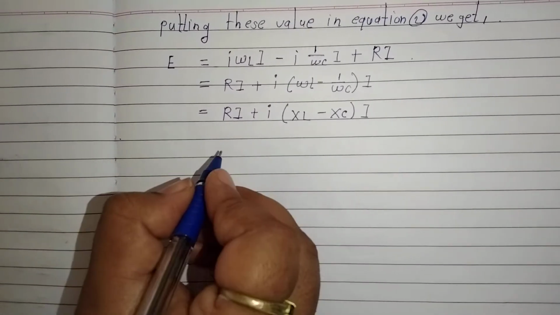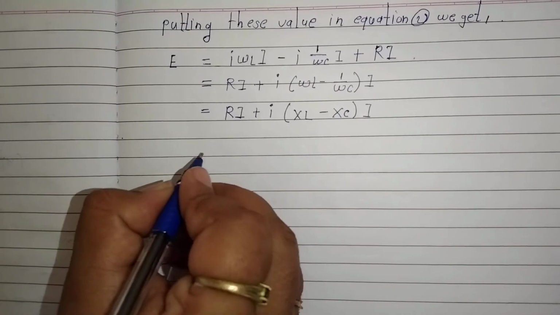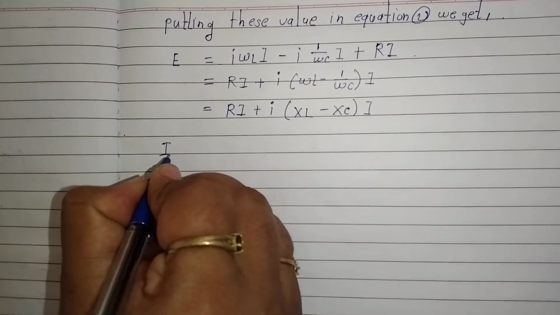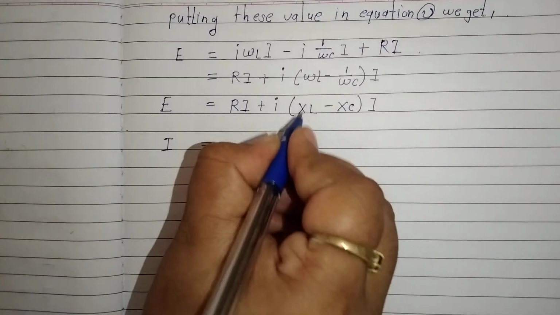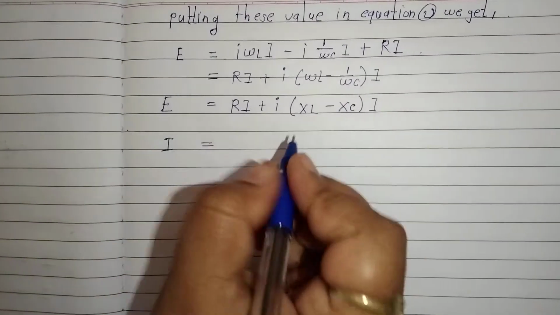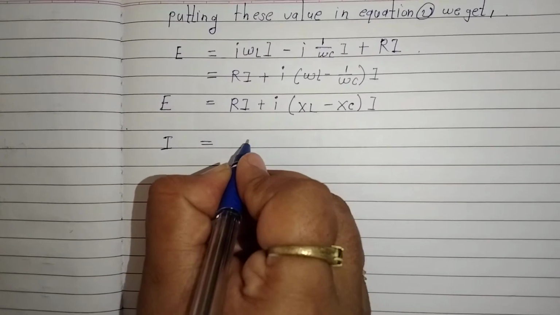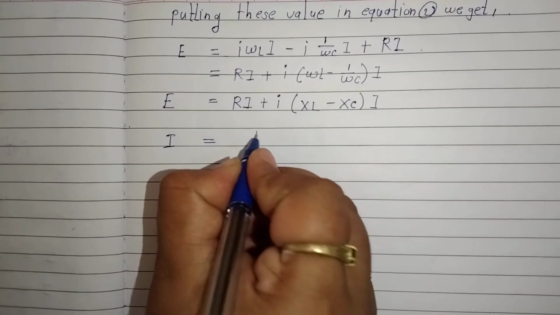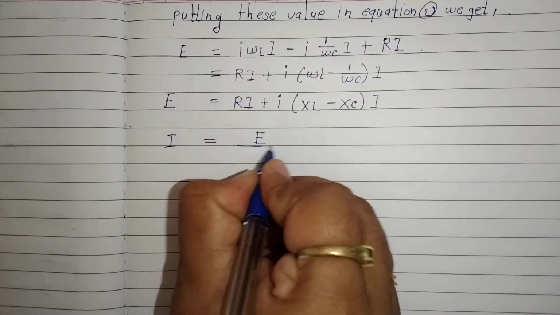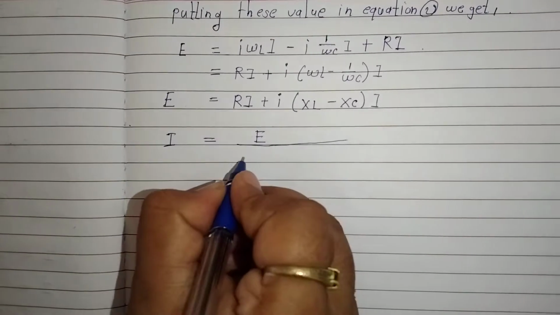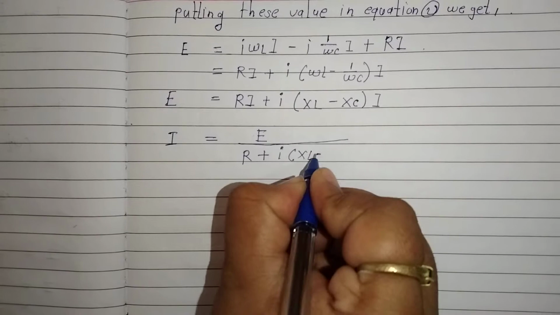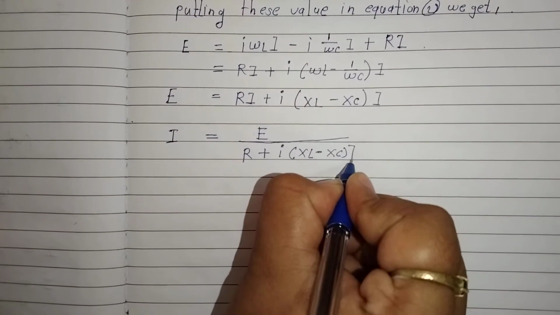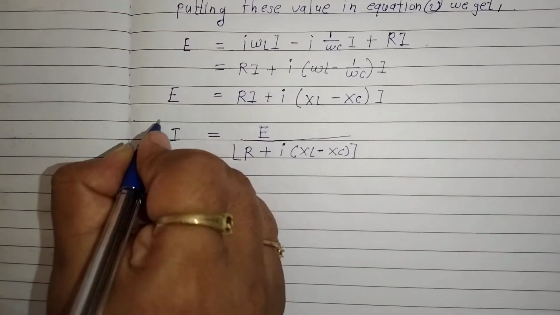We require it in I form, so simplifying, I equals E divided by R plus i XL minus XC, which is equation 3.